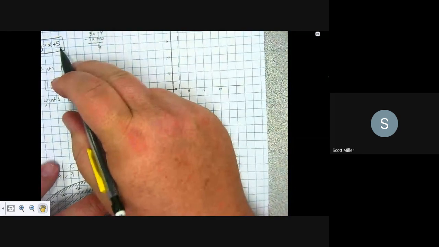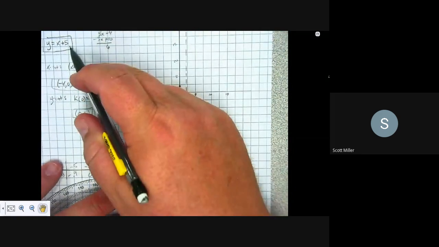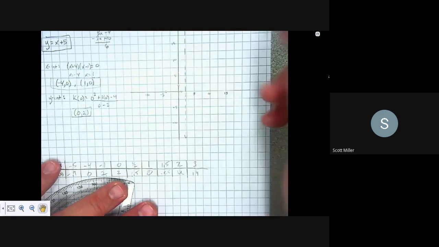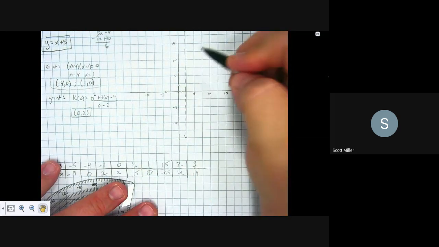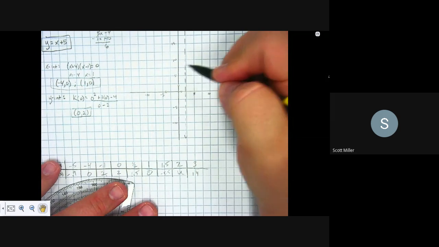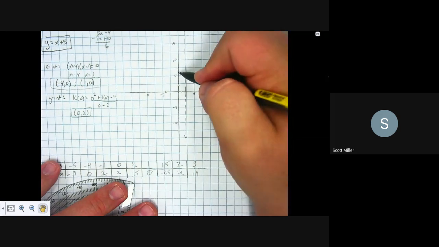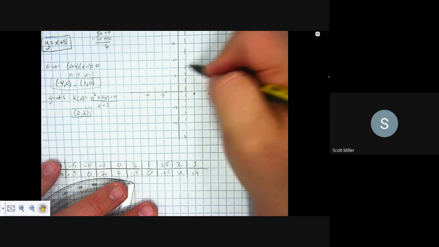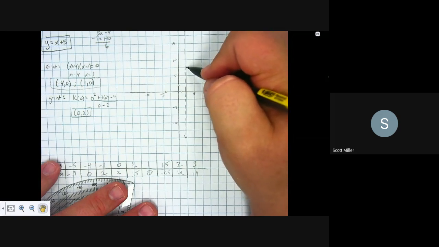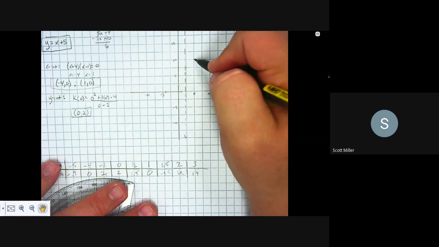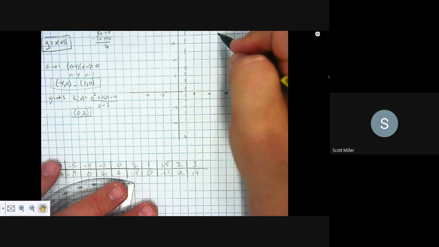Then I have a slant. The slant is a dotted line also. It's x plus 5. That means I have a y-intercept at 5 and then a slope of 1. Remember as you do this that the grid is going by 2.5, so up 2.5, over 2.5. So this is the dot, up 2.5, over 2.5, following this diagonal right there.